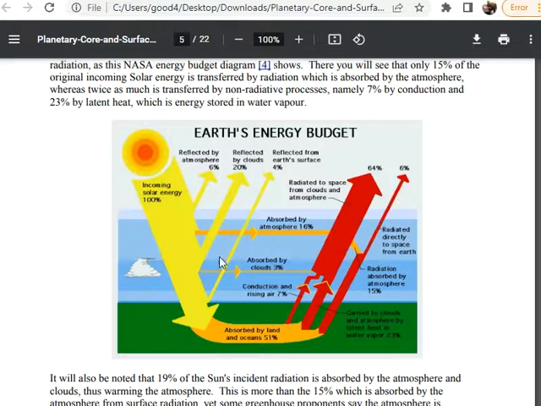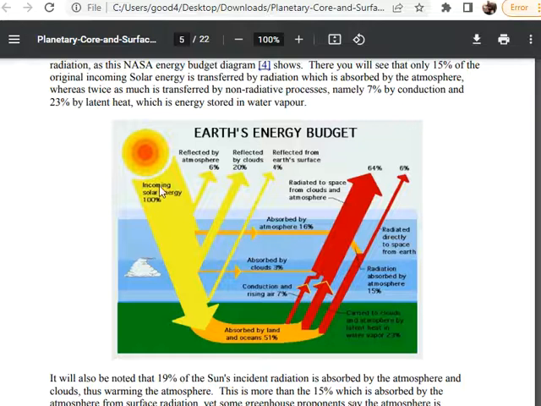One thing we want to immediately check is that the incoming solar radiation and the outgoing radiation is the same, and I think this matches that because 6 plus 20 plus 4 is 30, 64 plus 6 is 70, 30 plus 70 is 100. So we have 100% in, 100% out. So that's pretty fundamental, if you want the incoming amount of energy equal to the outgoing amount of energy.